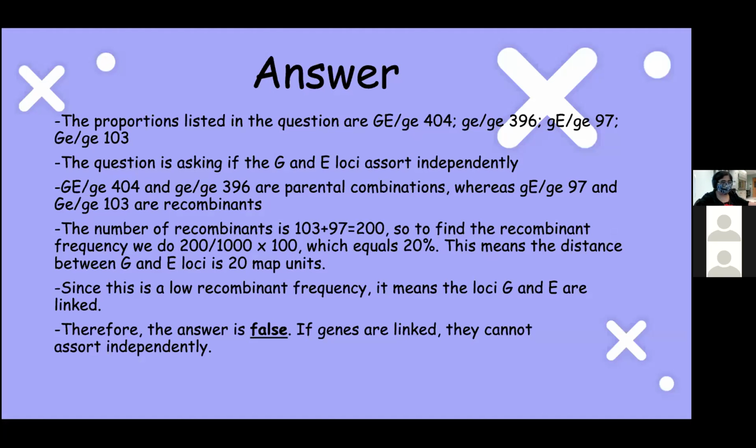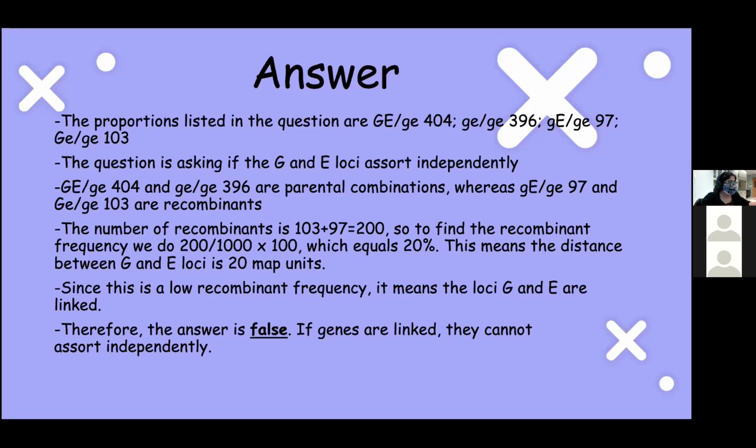So to use that in the answer, the proportions listed in the question are big G, big E, little e, 404, little e, 396, little g, big E, little e, 97, and big G, little e, 103. And the question is asking if the big G and big E loci assort independently.